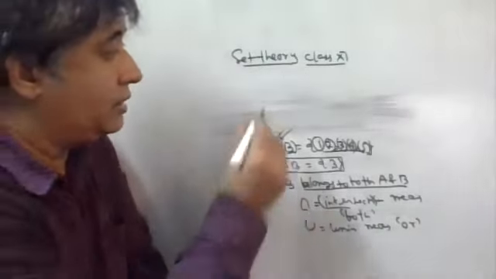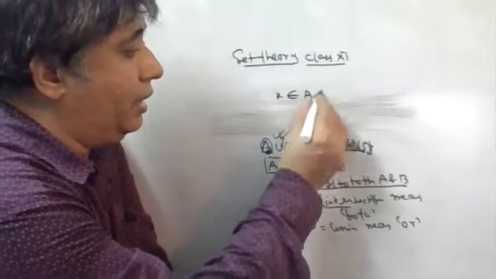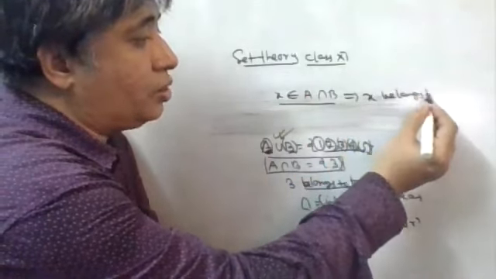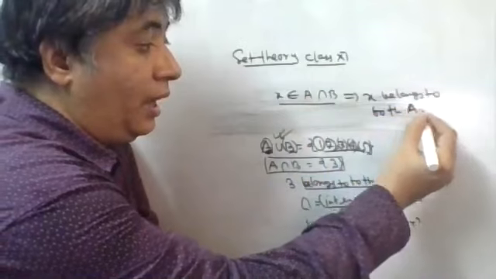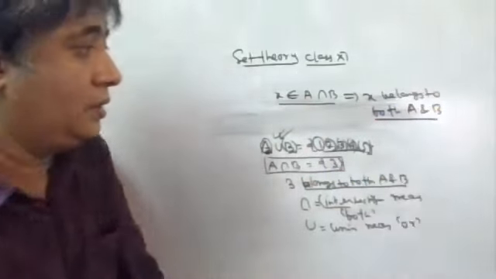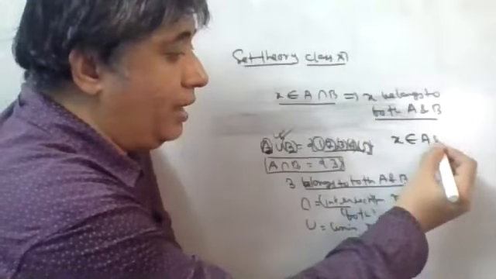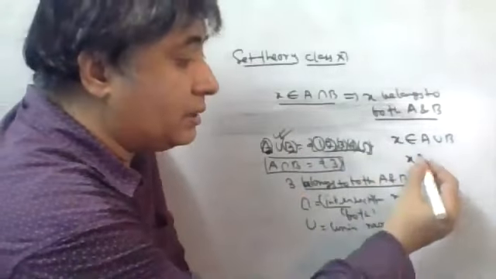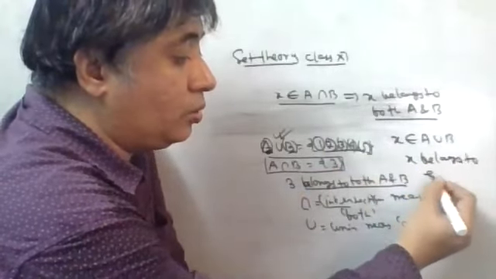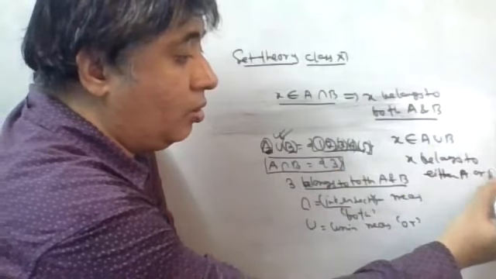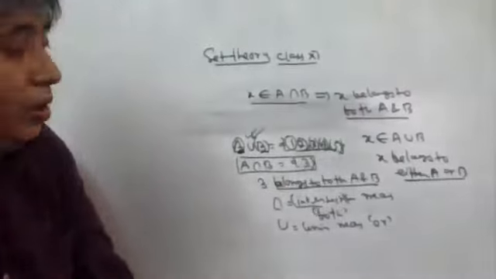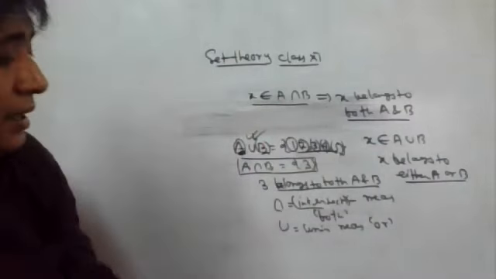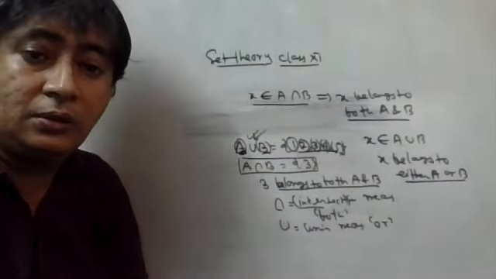For example, say x belongs to A intersection B. What does it mean? x belongs to both A and B. And x belongs to A union B means x belongs to either A or B. So, hope you understood that intersection means and, union means or.